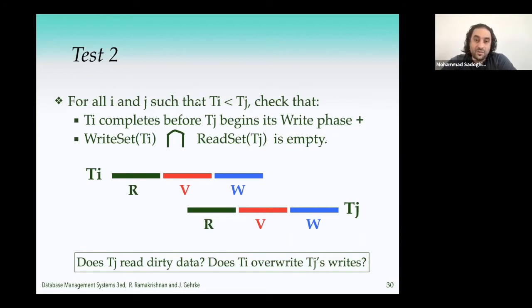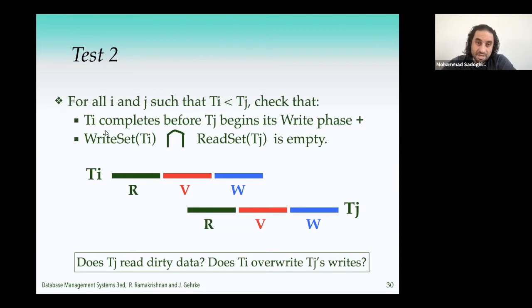Again, for all Ti and Tj, where Ti is smaller than Tj, meaning the validation of Ti starts before the validation of Tj, as long as Ti completes before Tj begins its write phase. That's important, so this condition needs to be met.